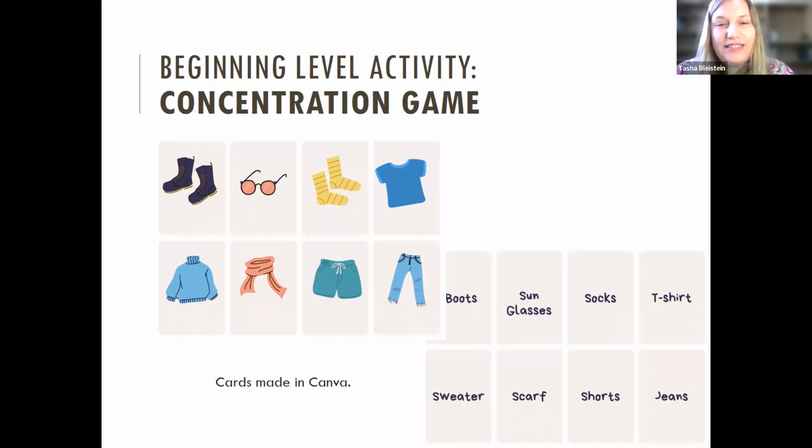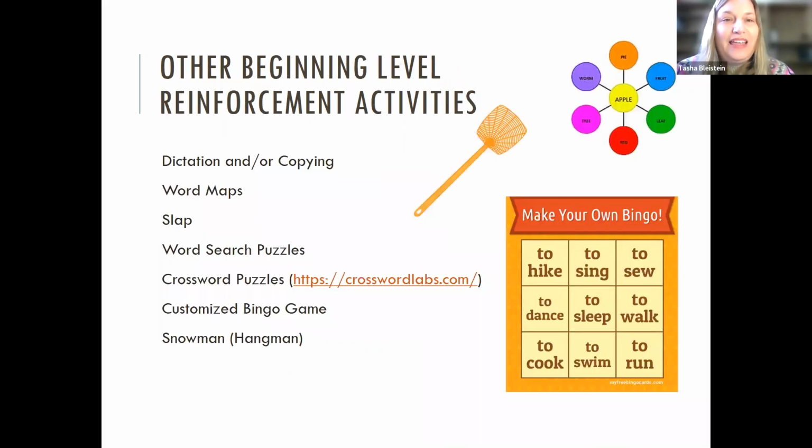But they're all face down, so they don't know where those are. And then eventually they try to match all of the words that they're focusing on. It's very simple, but it gets them active. And once you have the cards made, you can use them for a number of different activities, which we'll see on the next few slides.